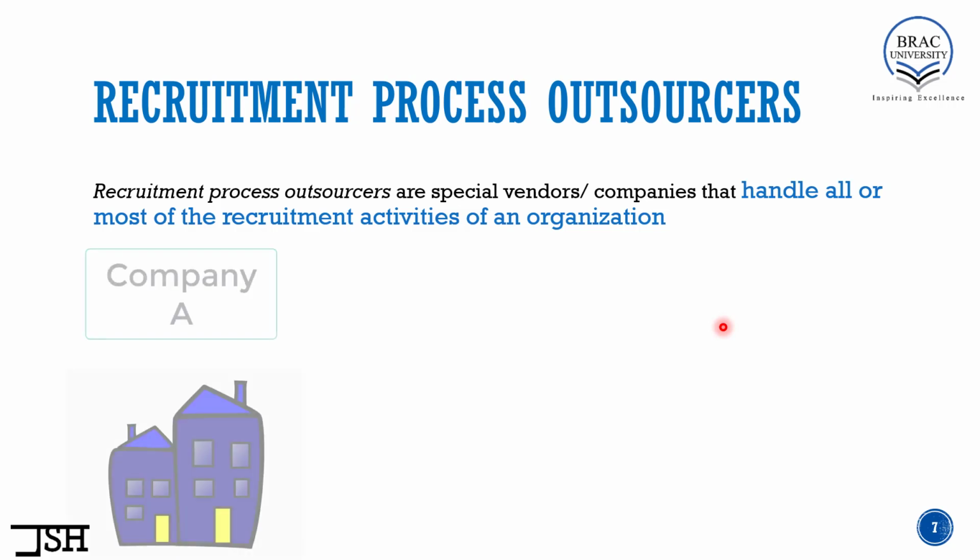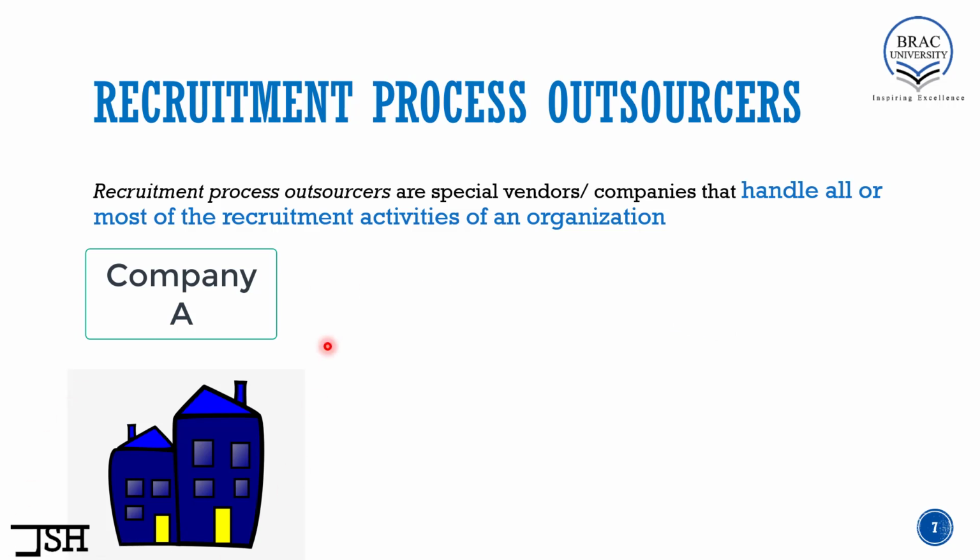Say company A. Now, company A in a given year needs to recruit a lot of people. They need to recruit marketing managers, technology managers, chief finance officer, management trainees, and many more.